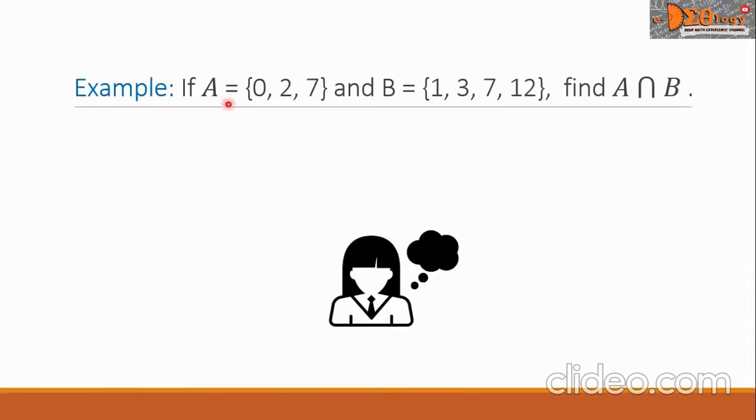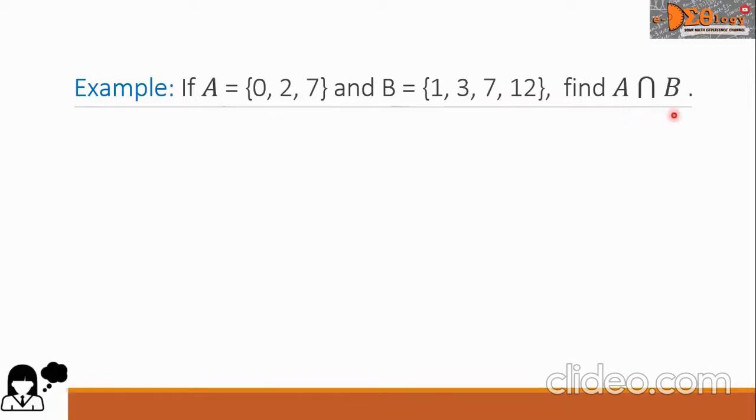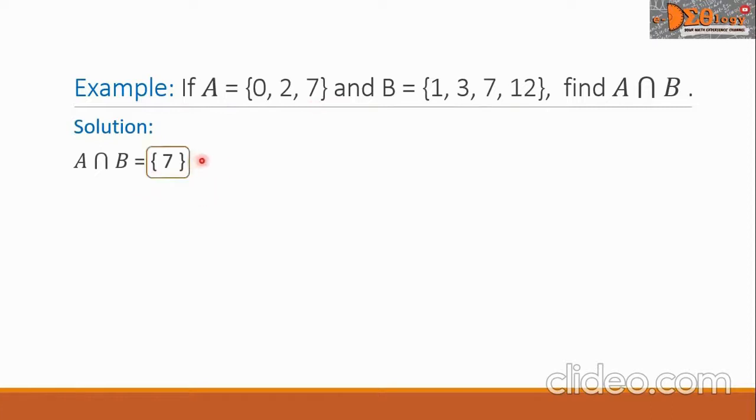If set A equals {0, 2, 7} and B equals {1, 3, 7, 12}, find A intersect B. We can see that the common element for A and B is the number 7. So we write it here. So this is the final answer.